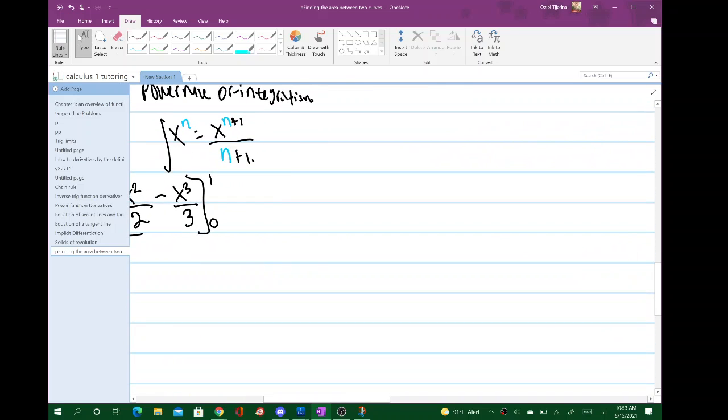Remember that the fundamental theorem of calculus says that the integral from a to b of f of x dx is equal to the quantity capital F of x from a to b, so like this, which is F of b minus F of a.